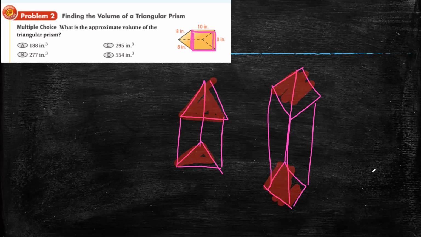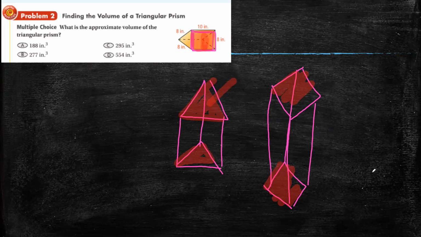So if I want to find the volume here, I want to see which is my base. If I use this base, is there another base that is parallel to it? Yes, so I will say this is my base. But if you choose this side here, is there any parallel face or any side that is parallel to it?